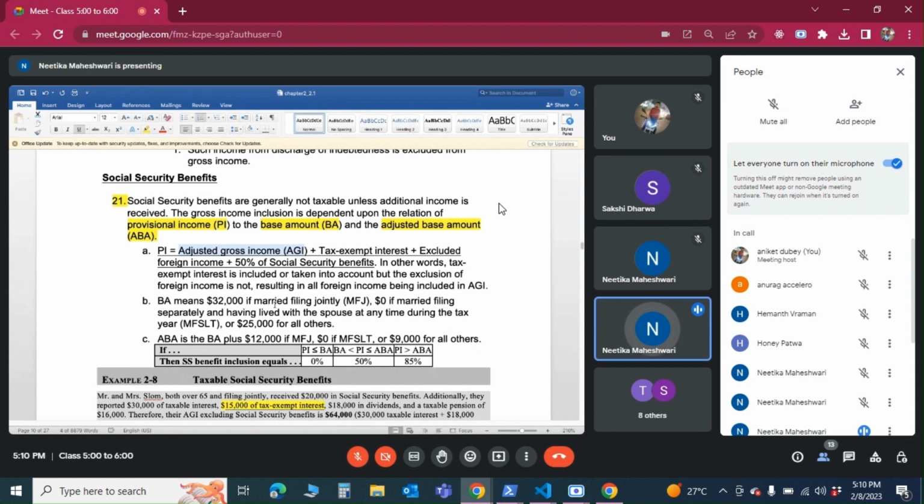So we add up all different kinds of income. We make some adjustments, and most of the time we are reducing that income. So those adjustments or deductions are for reduction of the income, and then we come up to AGI. After that, we apply standard deduction or itemized, and then we come up to taxable income. So the tax is calculated on taxable income, not on AGI.